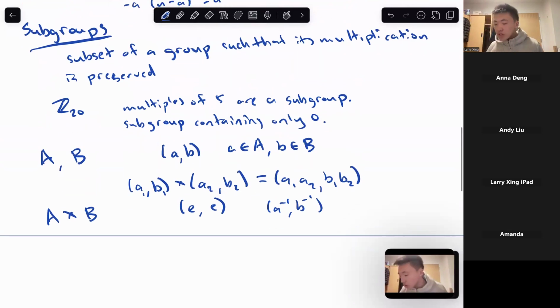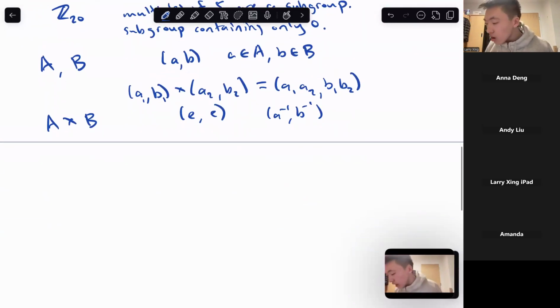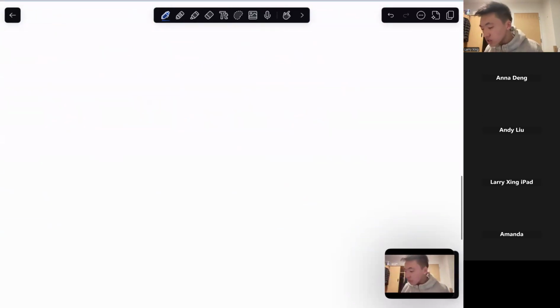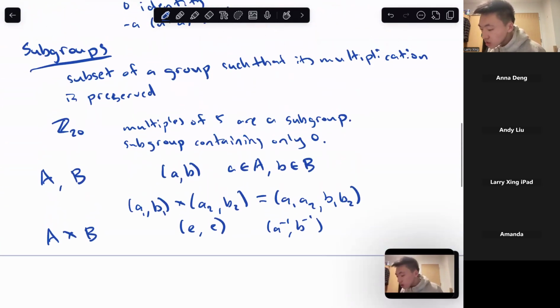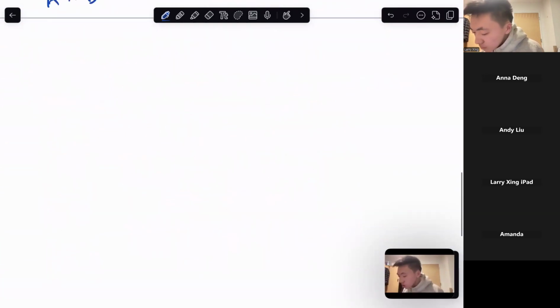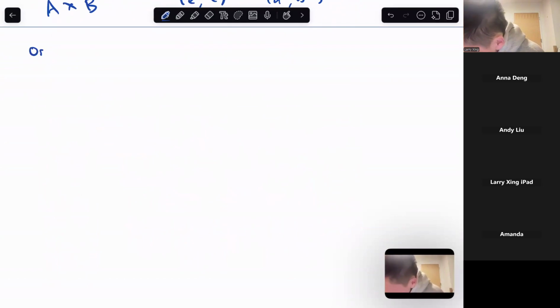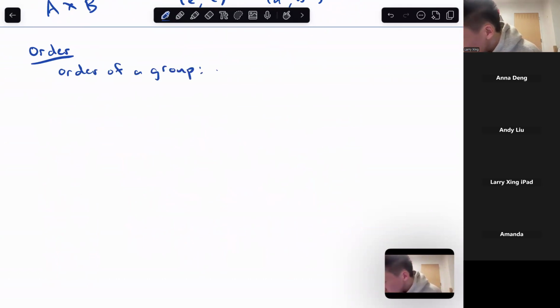So these are pretty nice. But how are we going to characterize the elements or size of the group? Well, there's a thing called the order, and the order of a group is essentially the size of the group.